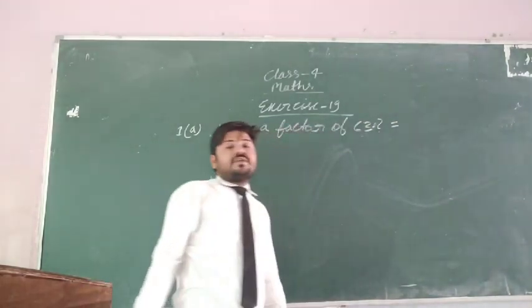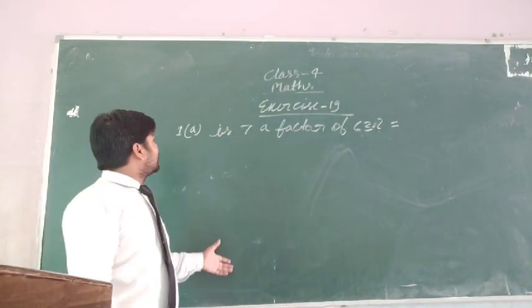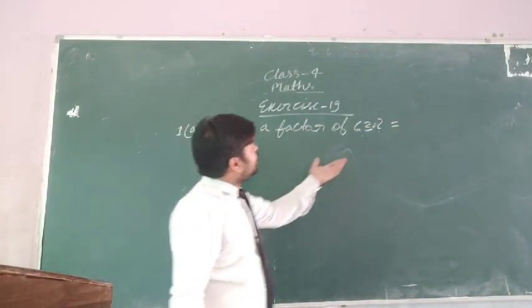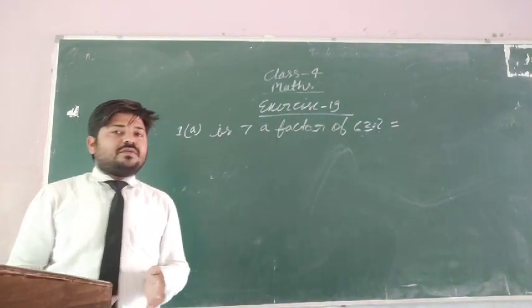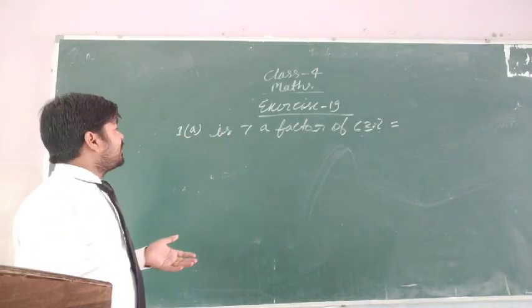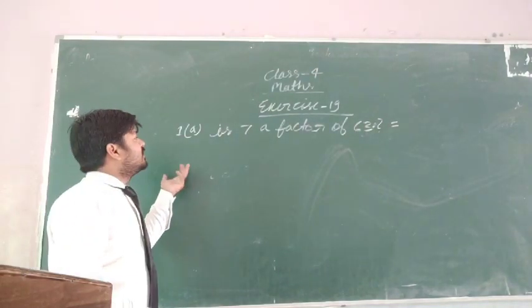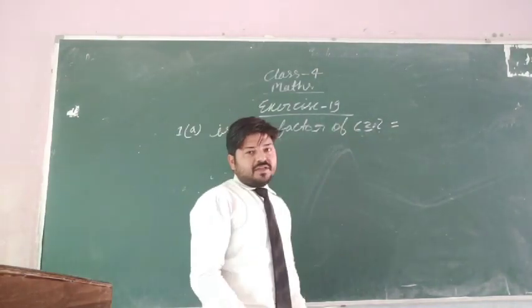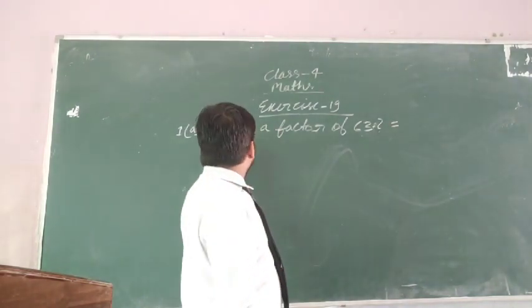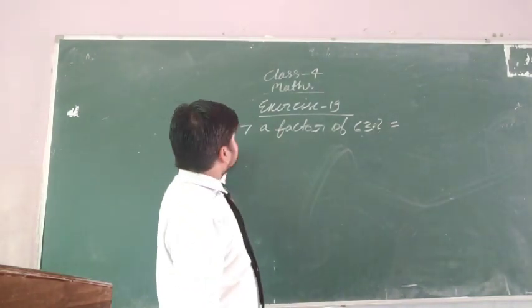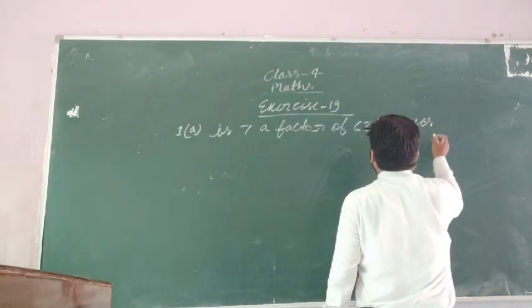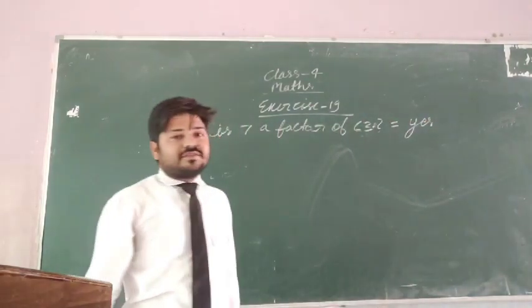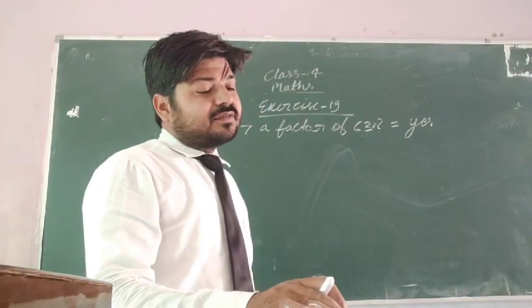So dear students, firstly we have to check that 63 is divisible by 7 or not. So you can easily find that 7 9 are 63. It means 63 is completely divisible by 7. So you have to write here yes. Only you have to write here yes.